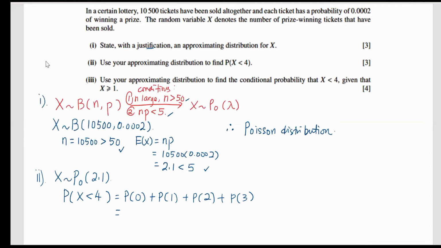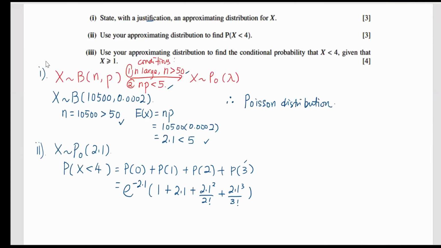Using the Poisson distribution formula, which is e to the power negative of the mean, 2.1. When X is 0, it's going to be a 1 here. Then when X is 1, it's the mean, 2.1. When X is 2, it is going to be 2.1 squared divided by 2 factorial, and so on. 2.1 cubed divided by 3 factorial, that is when X equals 3.